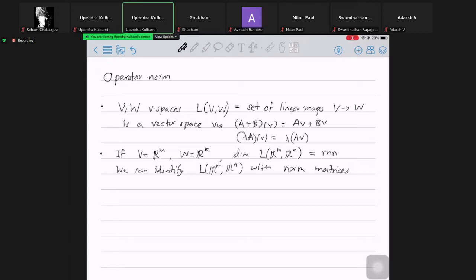So we'll define the operator norm as follows. Operator norm, and if you want to remember that this is the space L(V, W), that this is an operator from V to W, then we can write this, but mostly we will just write the short form.